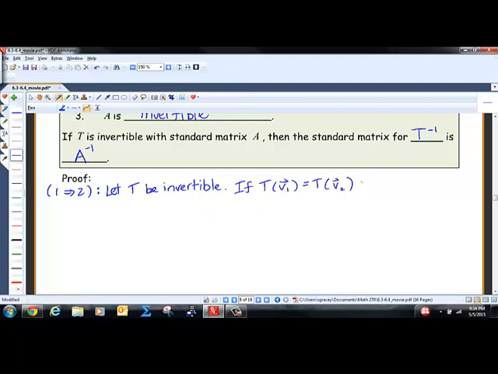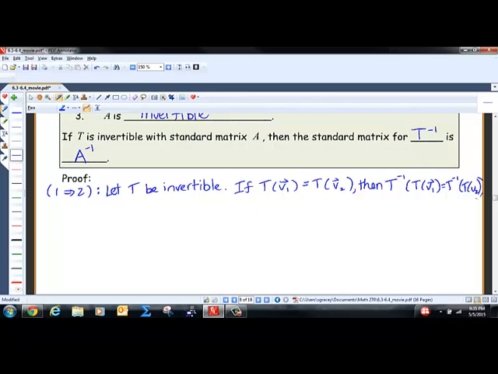That implies that T inverse of T of V1 is equal to T inverse of T of V2. But if T is invertible, then what has to be true?